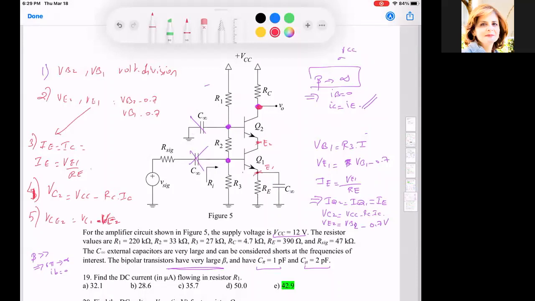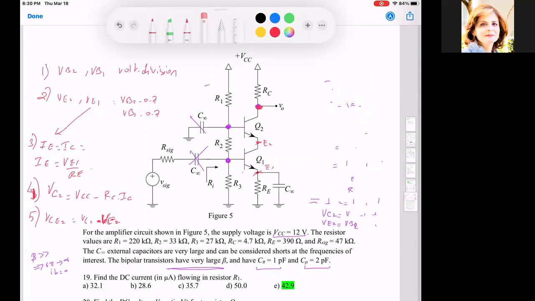Okay, great. That is as far as the DC analysis is concerned. Now we're going to erase all of this and jump into the question that should start talking about small signal analysis.